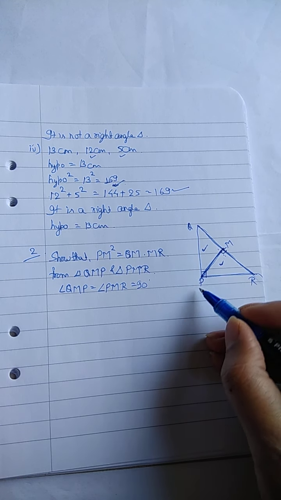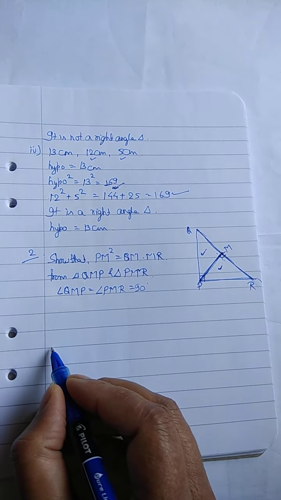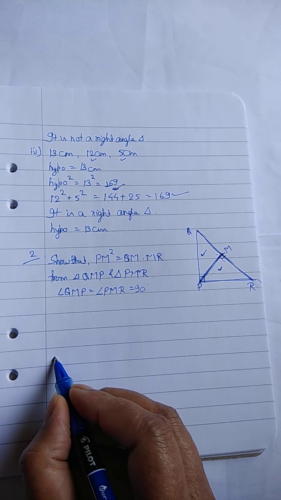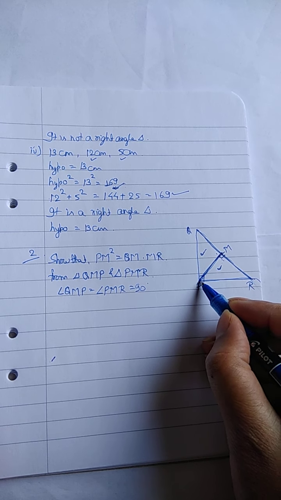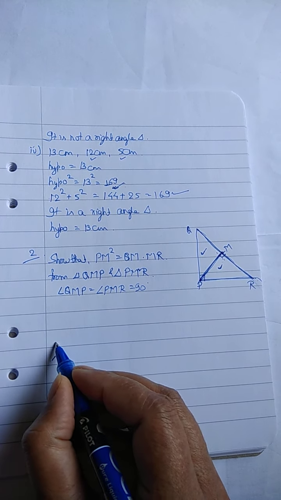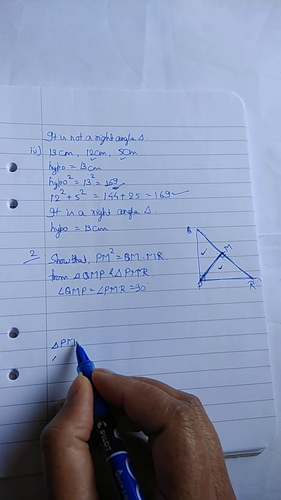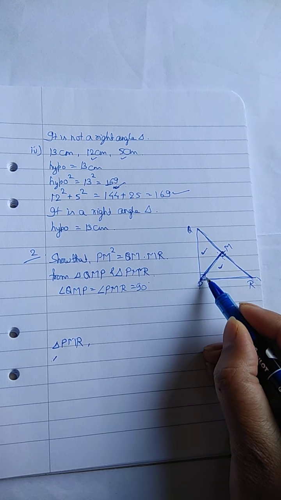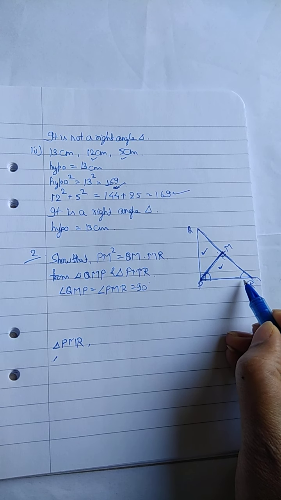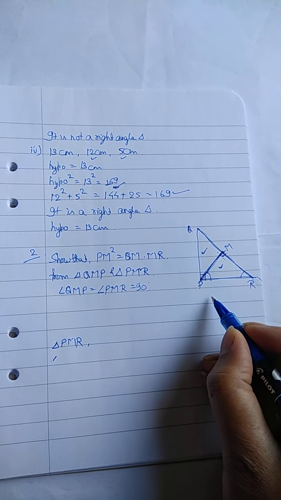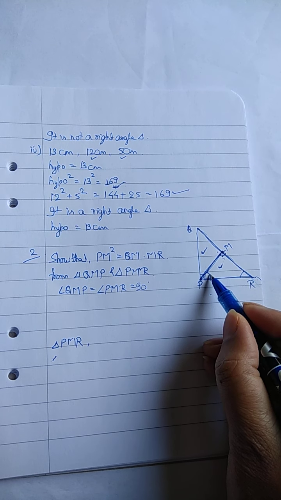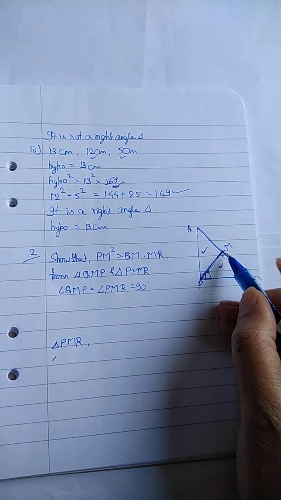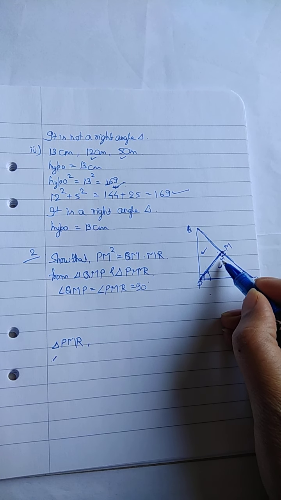So let's see here. I will do it here. Okay, in triangle PMR, this is 90 degree. So the angle of this and this equals to what? 180 degree minus 90 degree, means the sum of this and this equals to 90 degree, because this is a right angle triangle and this is 90 already, it's given.